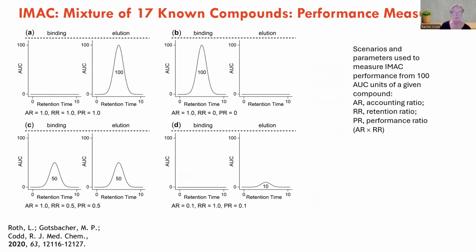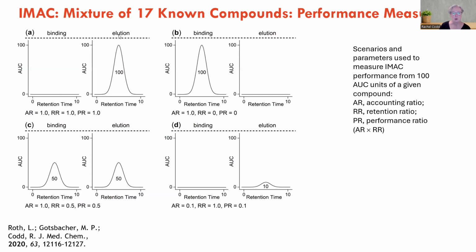So if we imagine a resin that was entirely successful in binding a given compound, what we expect is if we adsorb a compound onto a resin, when we're binding, we don't expect to see any of that compound in the eluent because the compound is actually bound to the resin.